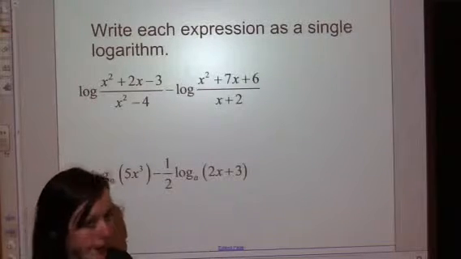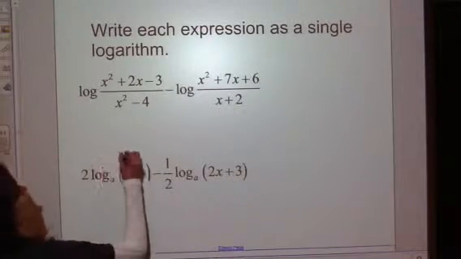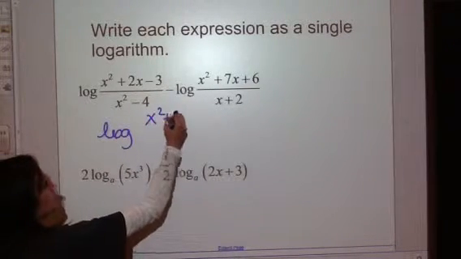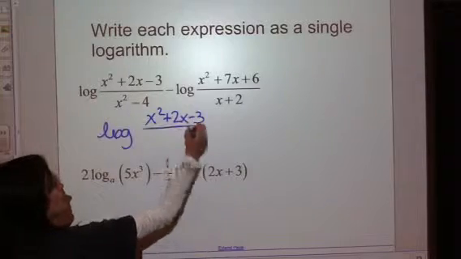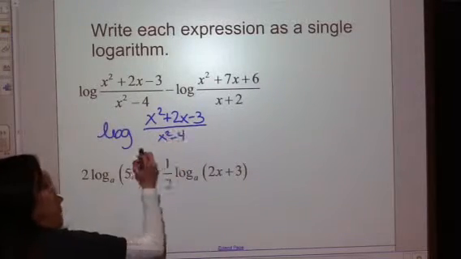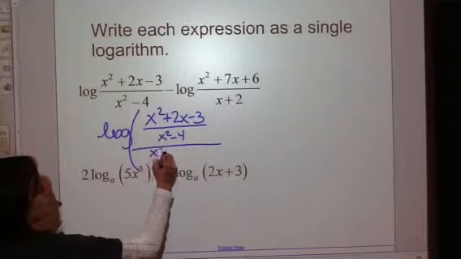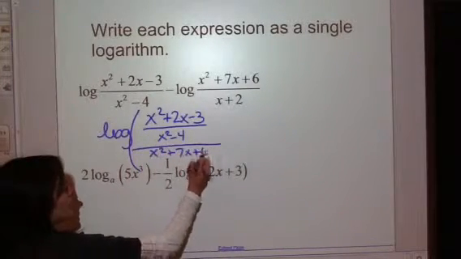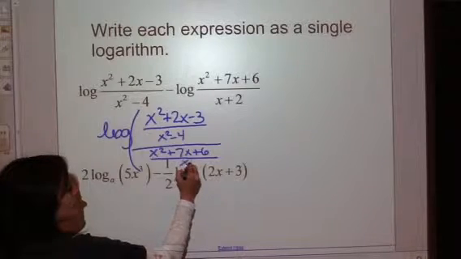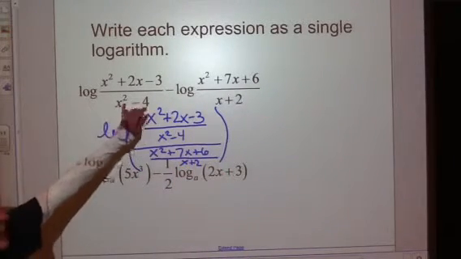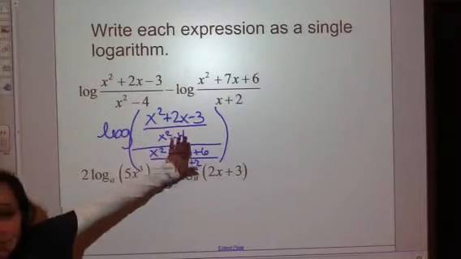So pause the video, then unpause. Alright, so we get log of x squared plus 2x minus 3 over x squared minus 4, all divided by, this is all under the log, x squared plus 7x plus 6 divided by x plus 2. Yowzers! In the review chapter, you learned how to simplify this.